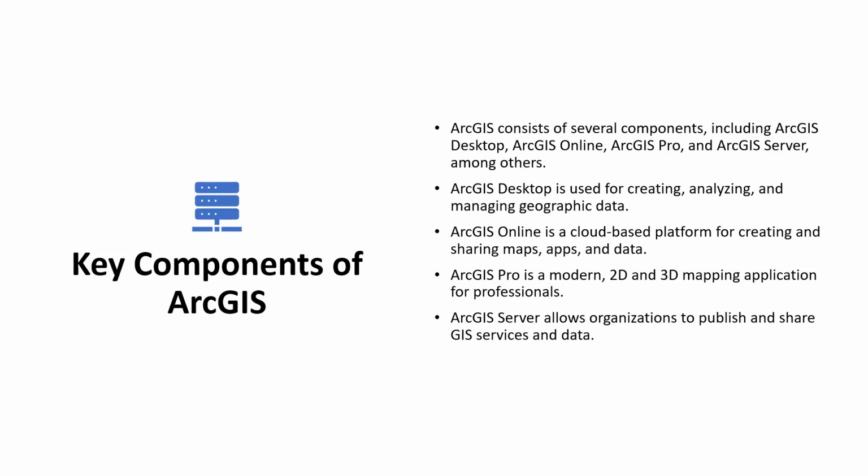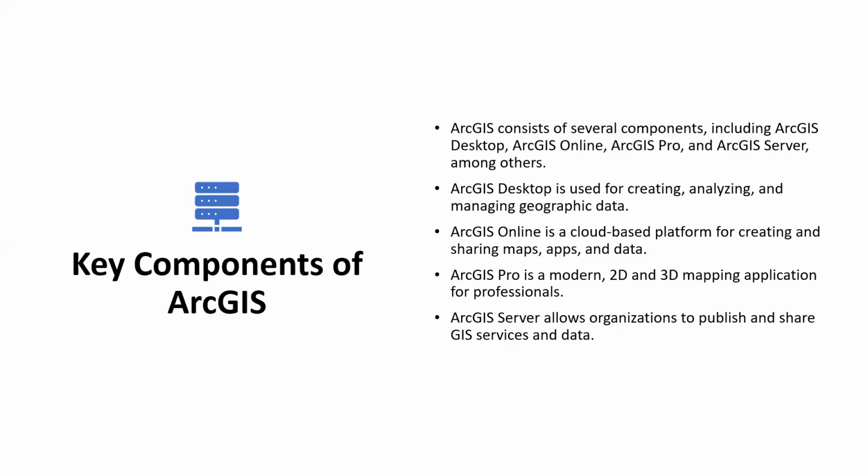So ArcGIS Pro is a modern 2D and 3D mapping application for professionals. I don't know why it is 2D and 3D here. What I know is map and scene. We regard 3D mapping as scene to some extent.